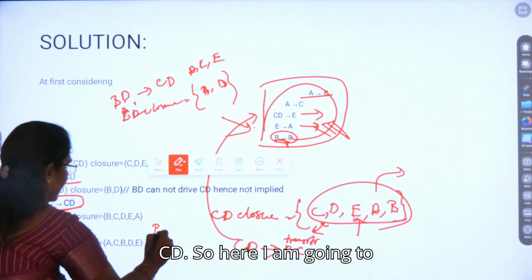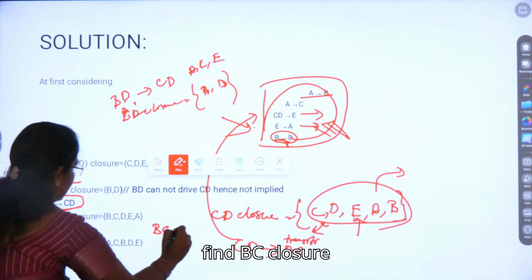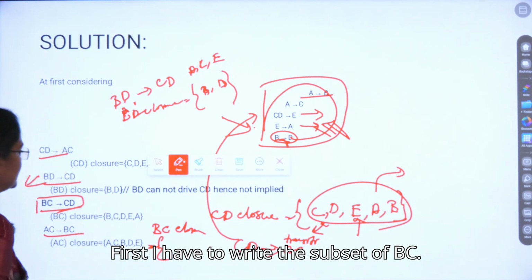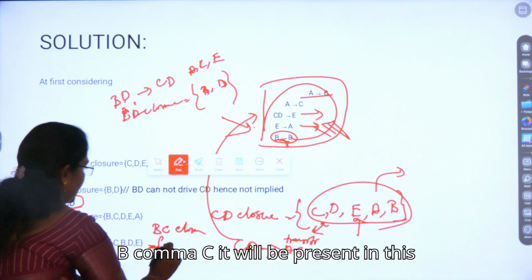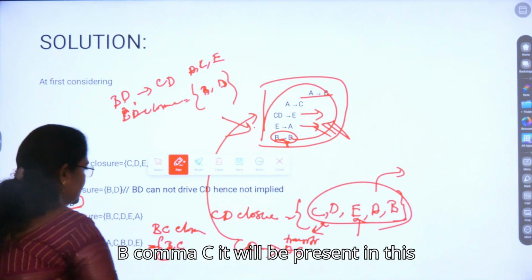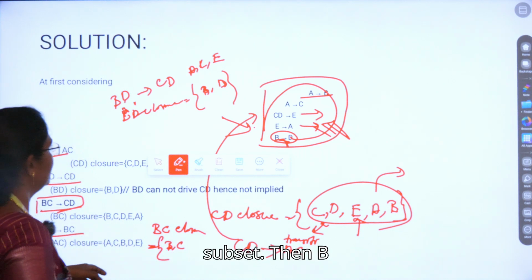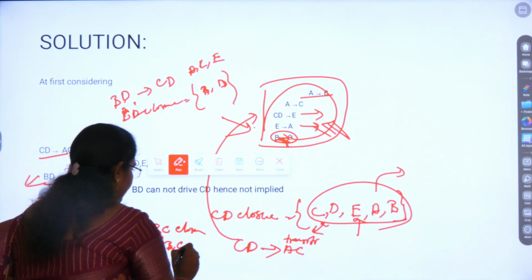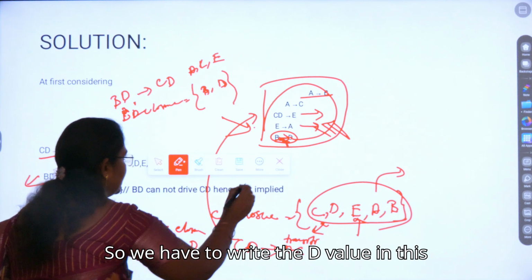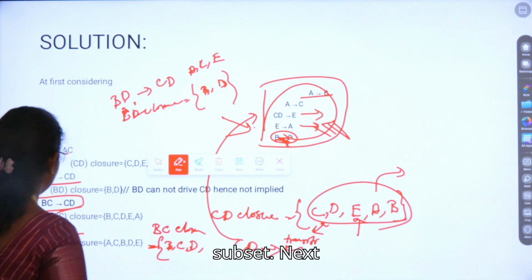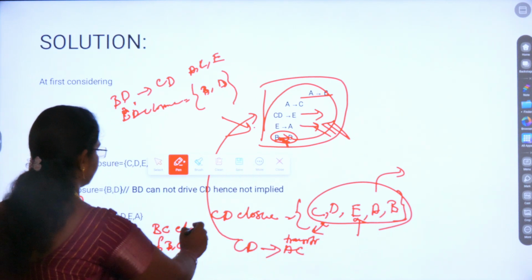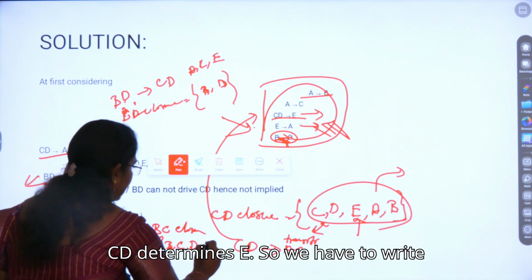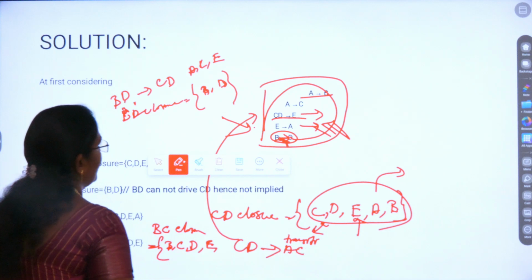Next, I am going to find the BC closure. First I write the subset of BC. B comma C will be present in this subset. Then B determines D, so we write the D value in the subset. Next, CD determines E, so we write E in the subset.